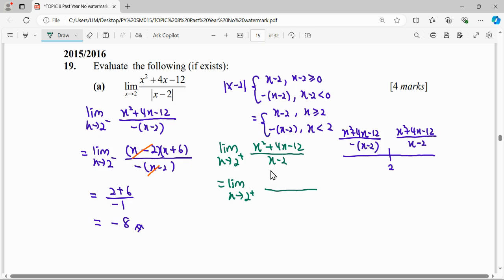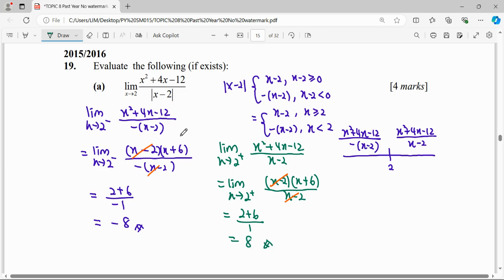We get the indeterminate form again, so we simplify by factorization. The factor of x minus 2 can be simplified. Then we substitute x equals 2 into the function, so it equals 8.